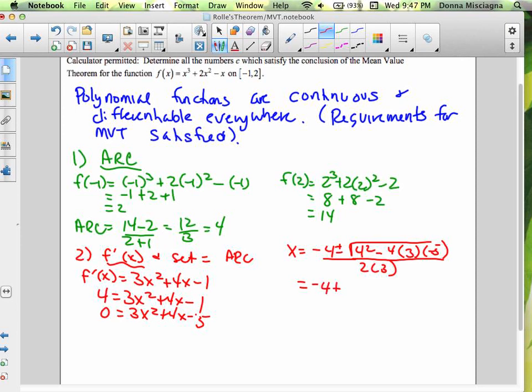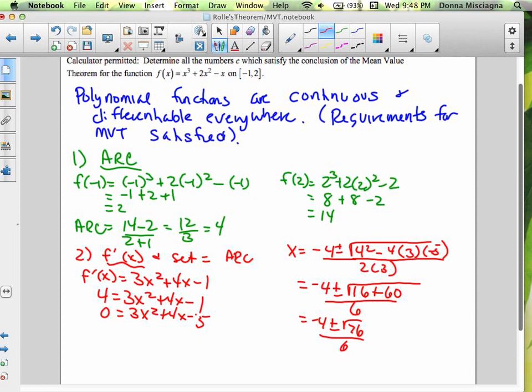So -4 plus or minus 16, that would be plus 60, divided by 6. So -4 plus or minus the square root of 76 divided by 6.